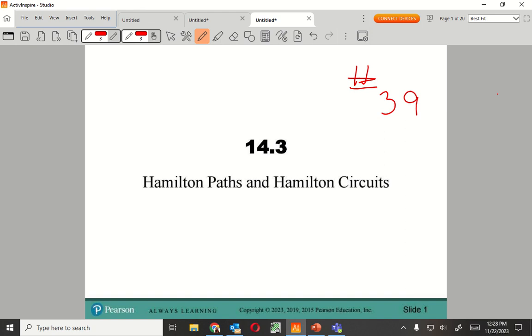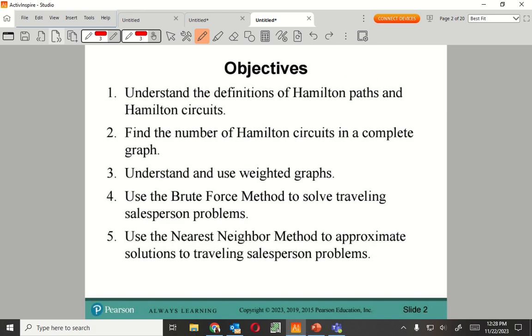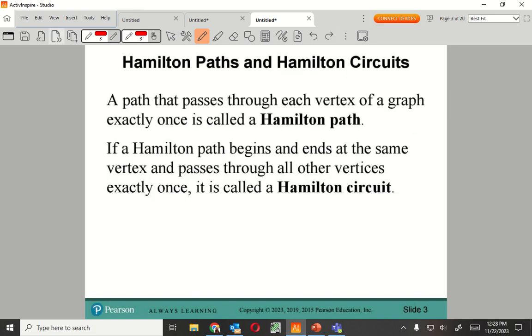So right here, path and circuit. Previously, we've been talking about Euler. Euler has to do with edges and all the roads and covering all the roads. Now, Hamilton has to do with all the vertices this time. So it's like going pizza delivery.